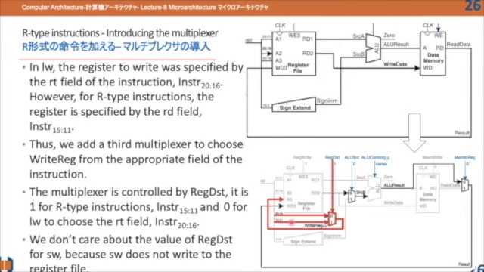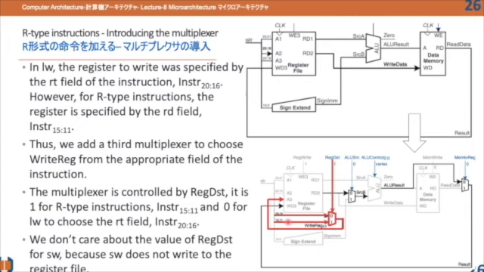And in case of a store word instruction, we don't care about the value of this register set. And you know that there is also a control called the register destination, RegDst. If the register destination is set to 1, that means it's an R type, so you have to write to the bit sequence 15 to 11.